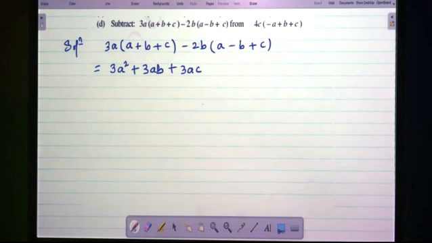So minus 2b into plus a, plus into minus is minus 2ab. Minus into minus is plus, 2b into b is 2b square. Minus into plus is minus, 2b into c is 2bc.